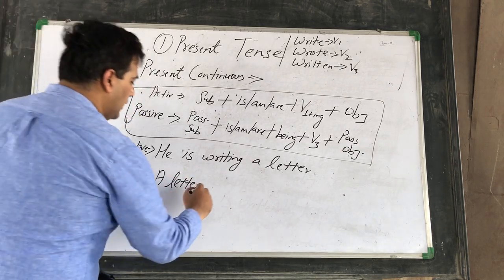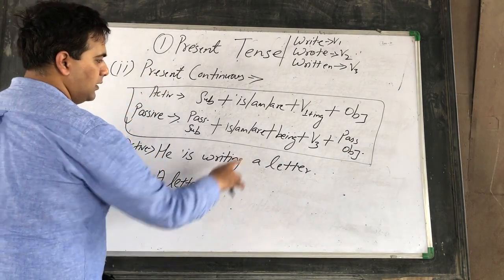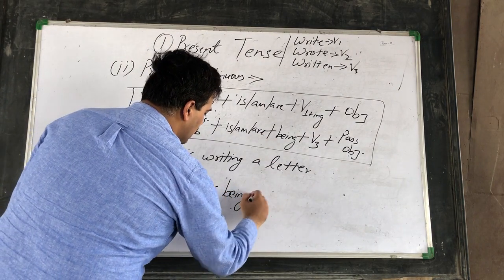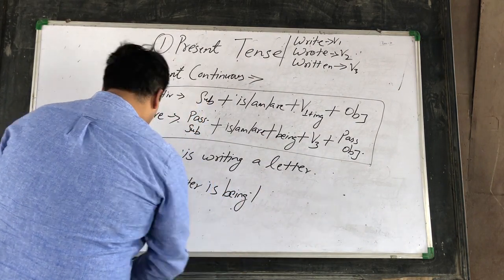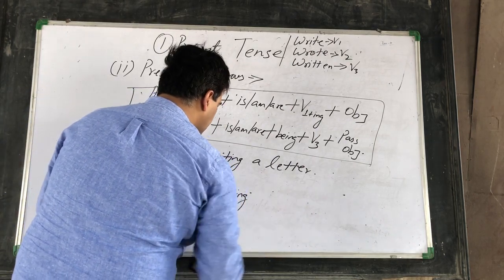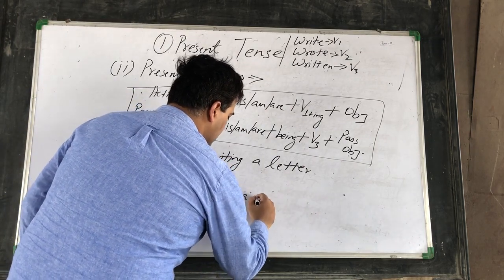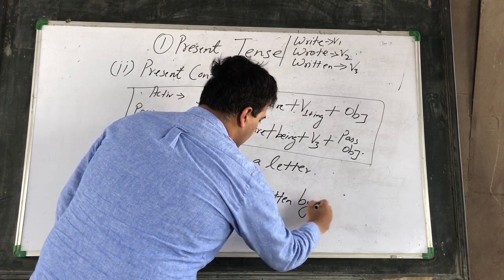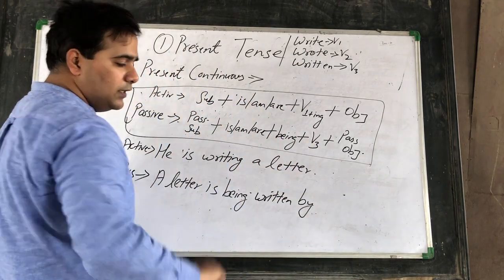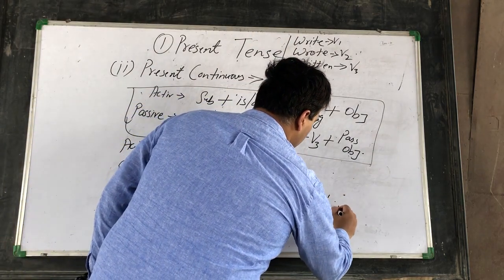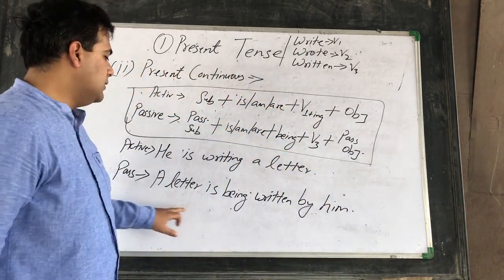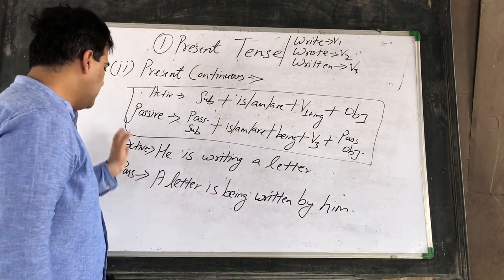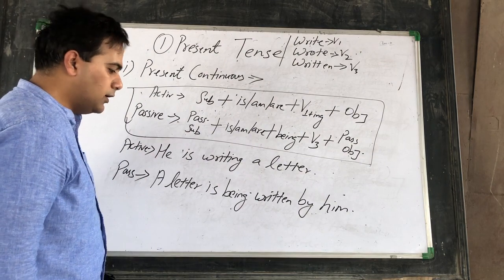A letter is, the new helping verb being. A letter is being, then verb third form, written by, again the objective case of the pronoun, him. A letter is being written by him. So this structure will be followed when we are using present continuous tense.